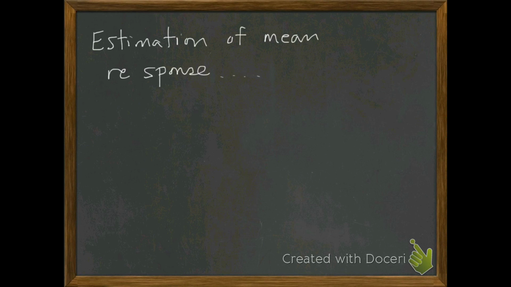So first of all, we need a point estimate, which will be X sub h. I think that's the notation I used before. And it's just going to be a 1 by p vector.